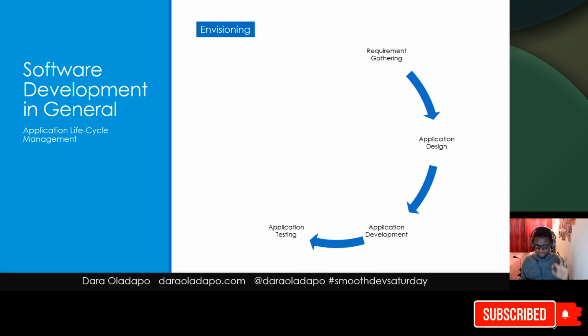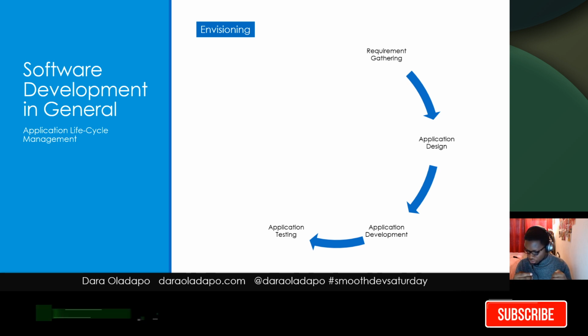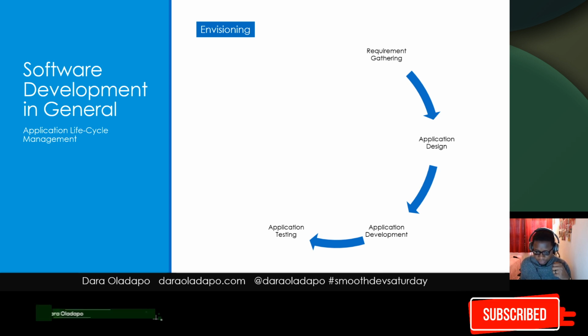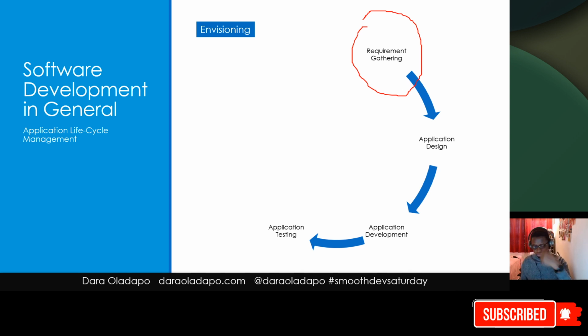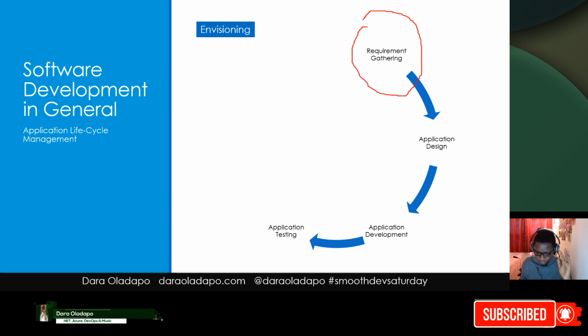But in the application testing stage, the QA testers or the users get to actually run the application to know if it fits into their requirements. If it does not fit, you iterate back, you go back to design, and then you iterate over again, to know if all that fits.